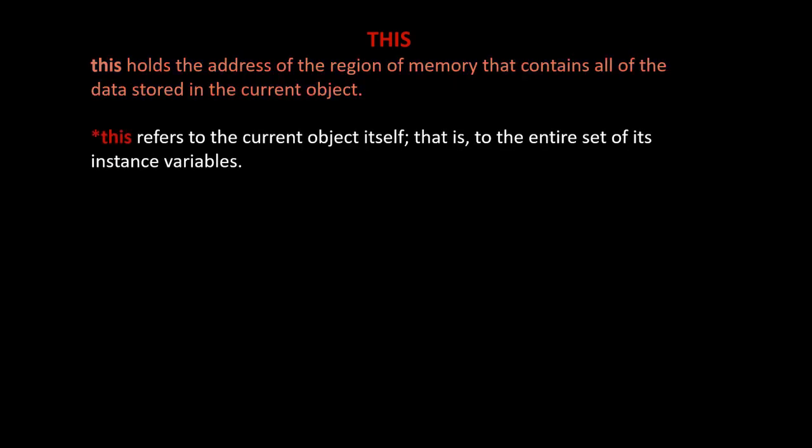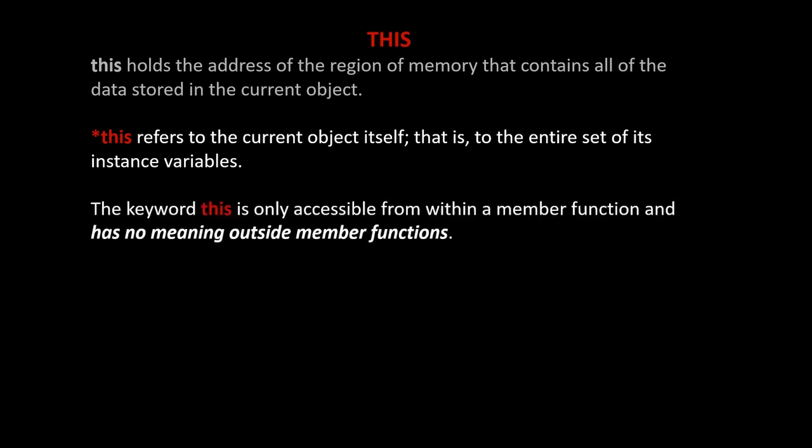This holds the address of the region of memory that contains all of the data stored in the current object. This refers to the current object itself, that is, to the entire set of the instance variables.